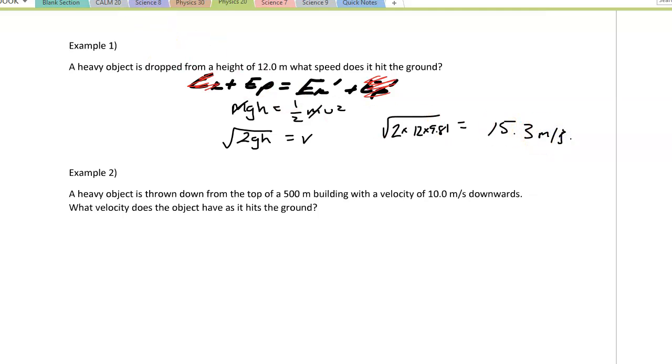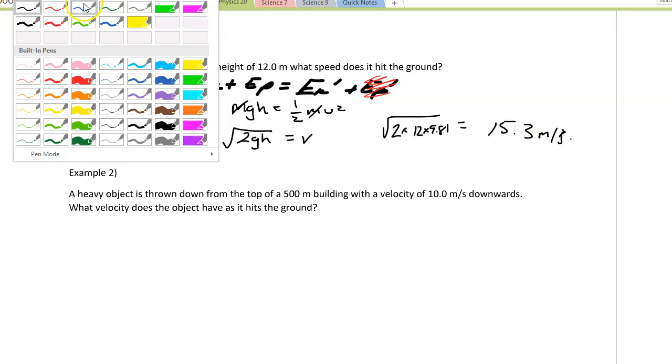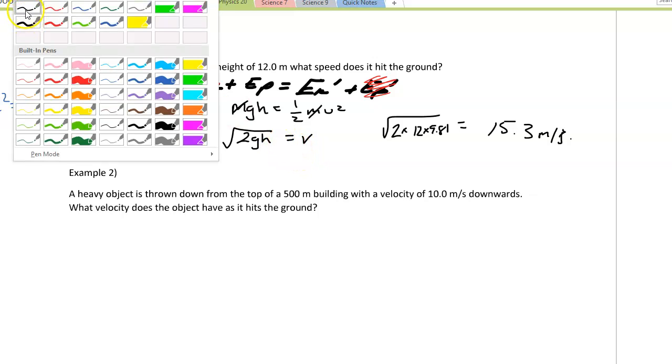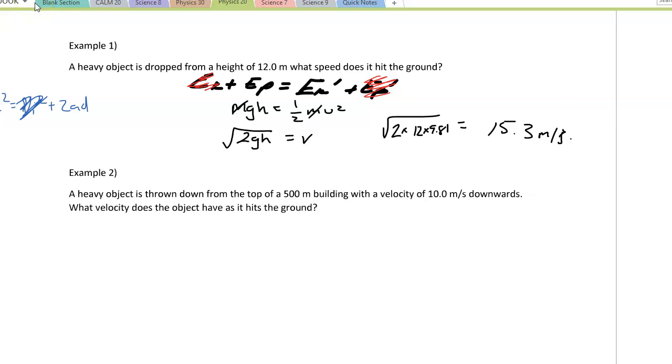Now you may also notice that this is very similar to the kinematics formula. Vf squared is equal to Vi squared plus 2AD, where the Vi was canceled out. And as you can see, essentially, that's exactly the same thing that we did. Right? We just used the concept of the law of conservation of energy.